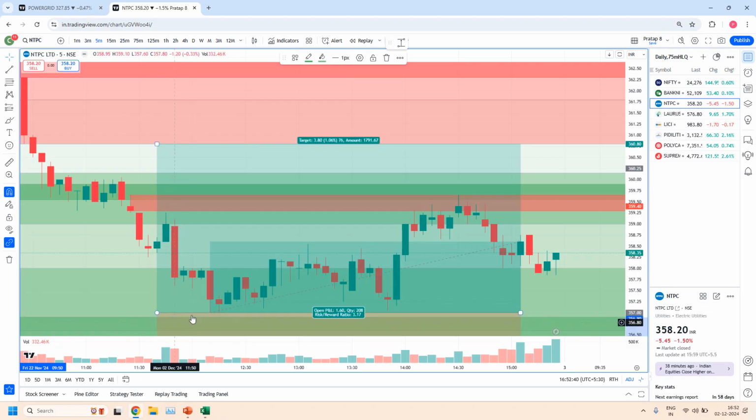That means a minimum of 10 paisa entry. Generally you will add some 25 or 30 paisa entry buffer, because the stock is around 358 rupees. Definitely some 30 or 35 paisa you might have added, and your trade executed. But what I am trying to say is that a minimum of 10 or 15 paisa is required to get this trade executed.